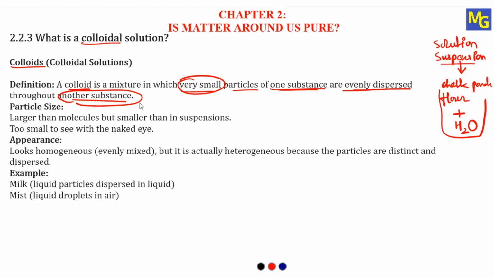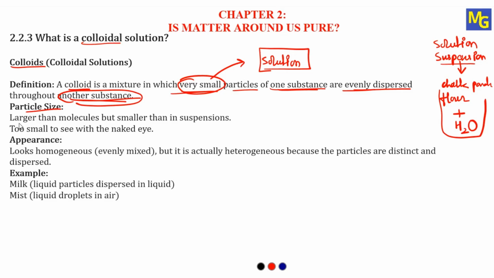But in case of colloid, particles will be small and they will be evenly dispersed throughout in another substance. So what should be the particle size? Because this definition seems to be a little bit equal with the solution. Even in solution we can see particles will be very small and they will be evenly distributed. But there is a difference between solution and the colloid, that is based on particle size.